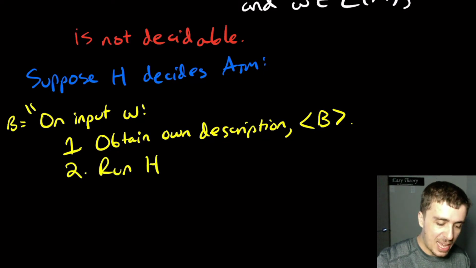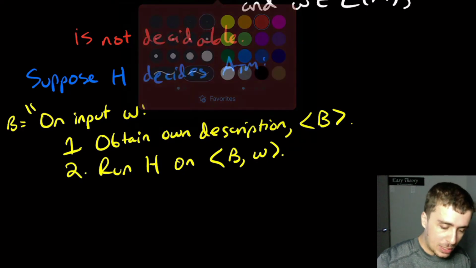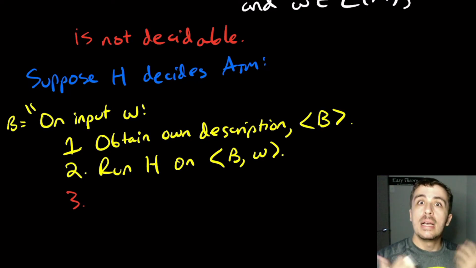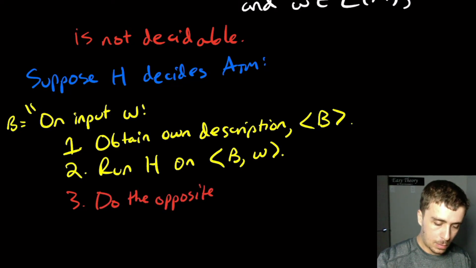So run H on the input B and W, and it must answer yes or no. And so, what is the final hat trick? It's to do the opposite. So do the opposite of what H says.